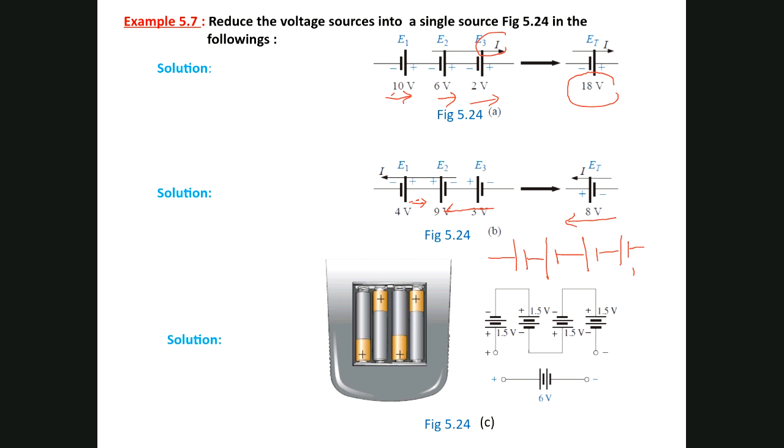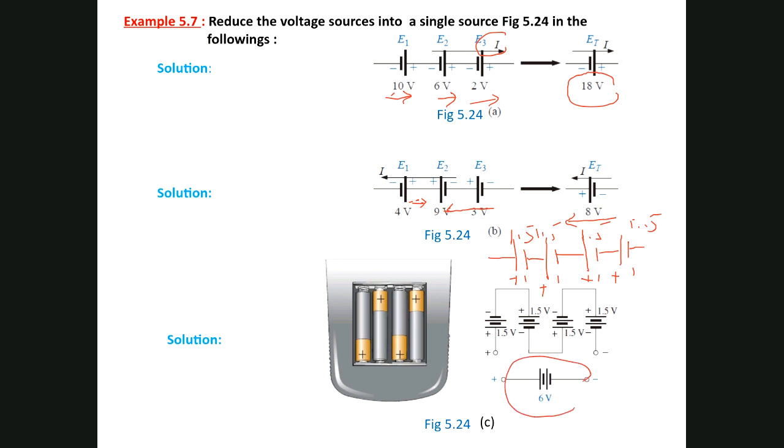So this is positive, here is positive, and here is positive. If this one is 1.5, and this one 1.5, and this one 1.5, add them together to form 6 volt.